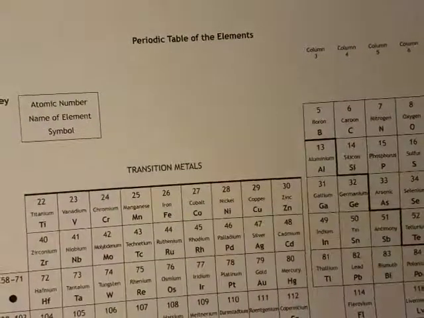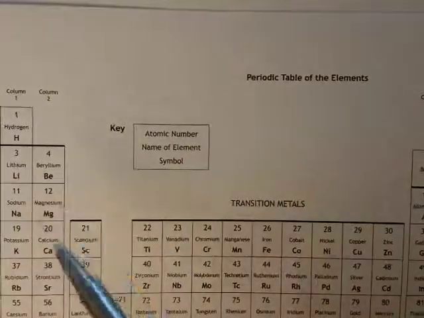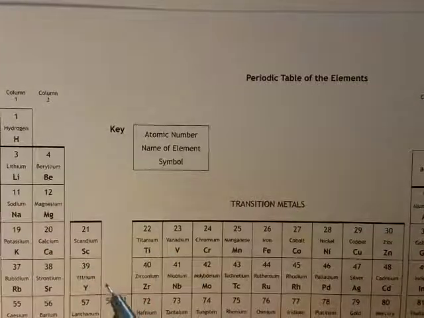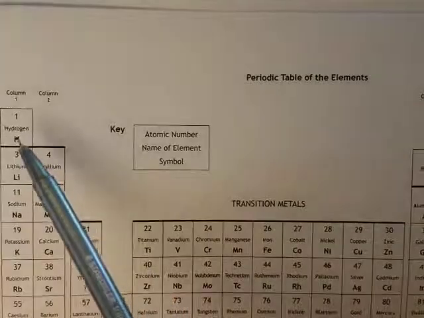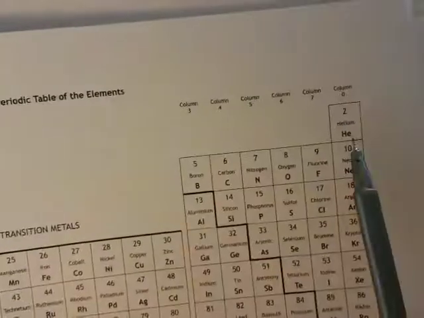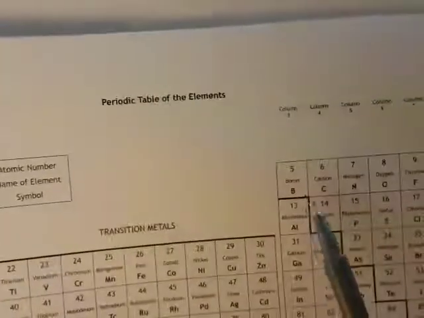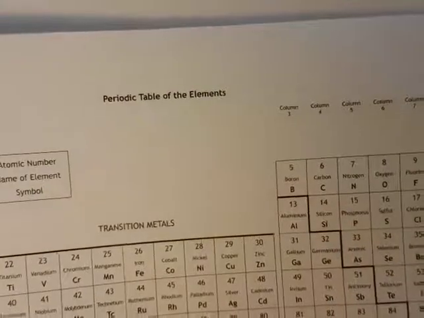Hopefully you'll remember that the elements in the periodic table, so here's a periodic table now, are arranged in order of atomic number. So hydrogen has atomic number 1, helium has atomic number 2, oh, there's helium here, lithium 3, beryllium 4, boron 5, and it goes on like that.